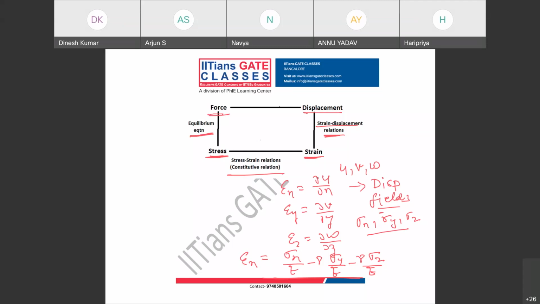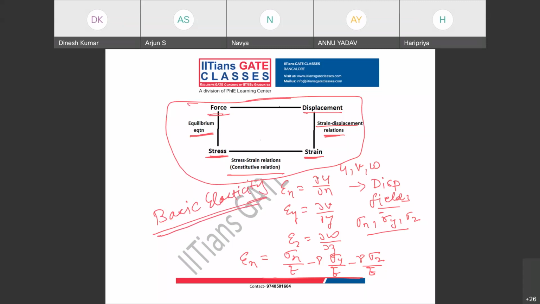So this complete rectangle, this complete loop, we are going to complete in basic elasticity. Your basic elasticity is in fact the fundamental of your numerical studies. If you use any numerical approach, the basic fundamentals come from basic elasticity. The most widely used numerical approach in industry is what?